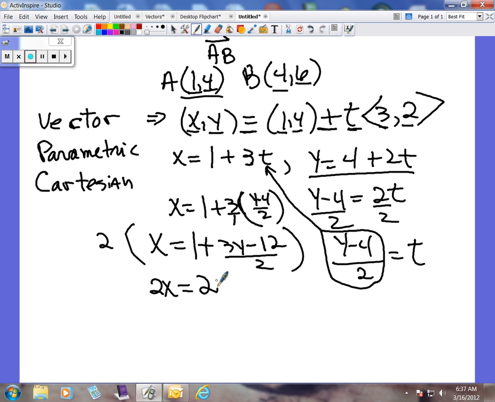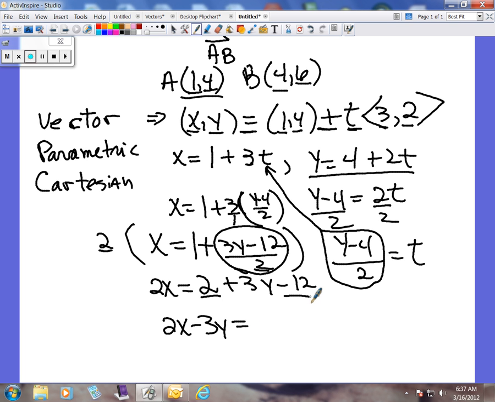And when we take 2 times this particular fraction, it's just going to cancel these 2's and leave me plus 3y minus 12. Now we do some transposing and simplifying, and we have our Cartesian equation, which will be 2x, transpose the 3y so it becomes minus 3y, and then we have 2 plus a negative 12, which is negative 10.